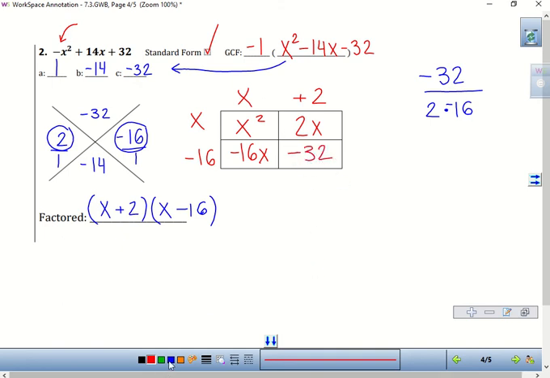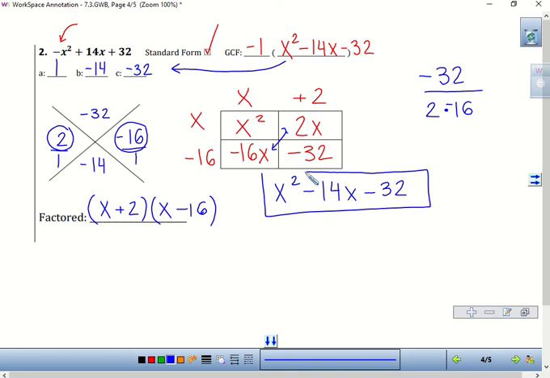So now these on the side should be what? Like terms. So we're going to write everything out. X squared. And then negative 16 plus 2 is negative 14, right? If you're in debt $16 and you get $2, now you're only in debt $14. Minus 32. So this is standard form, and this gets us back to what we have up here, doesn't it? So this means we've done it correctly.